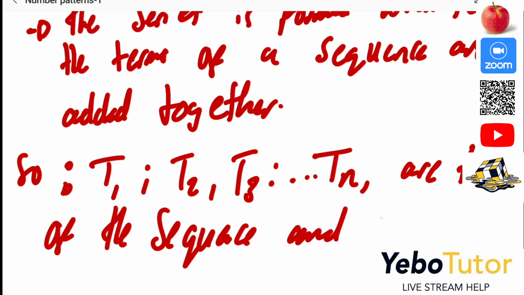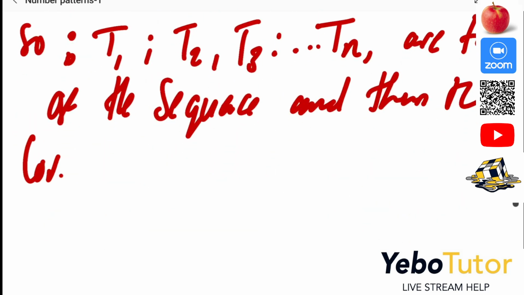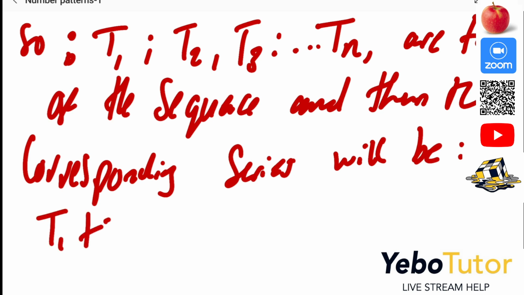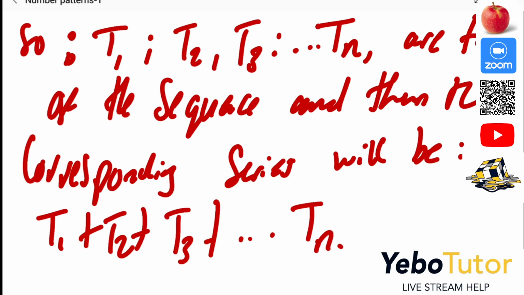And then the corresponding series will be, since all the terms of the sequence are added together to make a series, T1 plus T2 plus T3 plus until we arrive at Tn. So that's what we call a series.